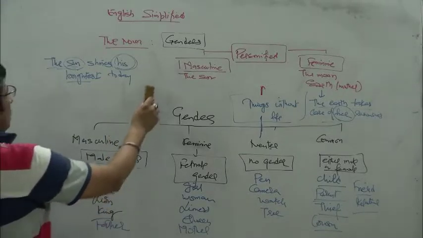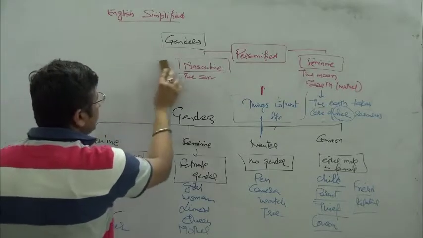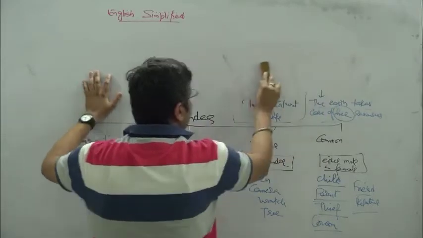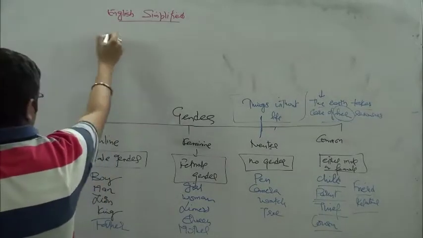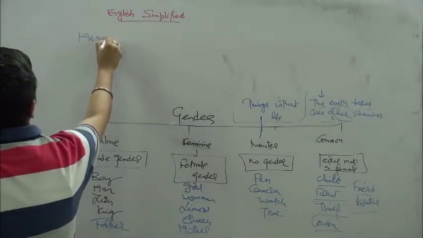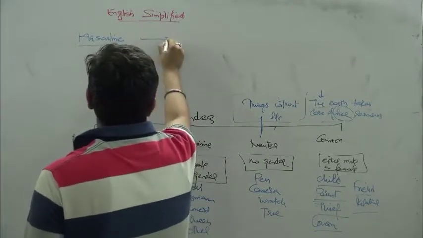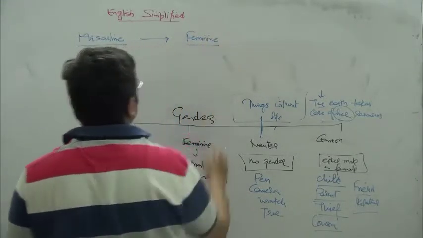Essentially, what we would like to also do is refer to how to change the gender of nouns. Say, for example, there could be a masculine noun for which we need to identify a feminine noun.